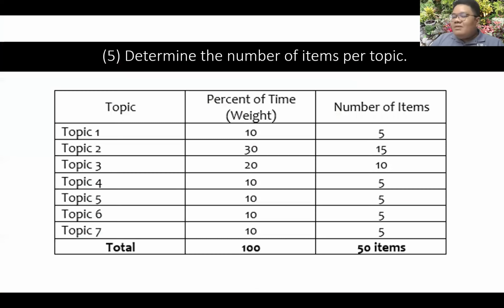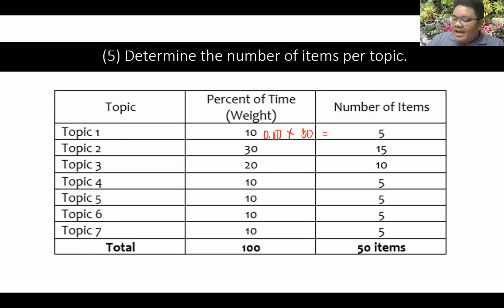Then, next, determine the number of items per topic. So class, di ba kanina nag-compute tayo ng percentage? Okay? Once na-compute natin yung percentage, tapos na-determine natin na okay, magbibigay ako ng 50 items for today's video. So class, anong ginawa? 10% times 50. Okay, so class, when you say 10%, that is 0.10 times 50.